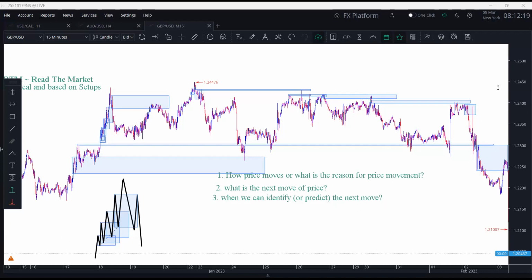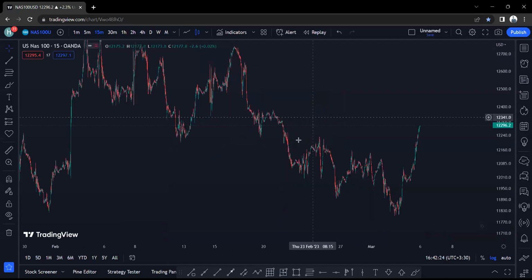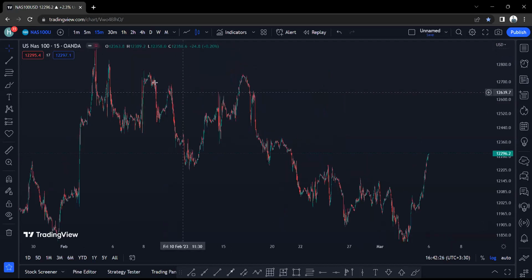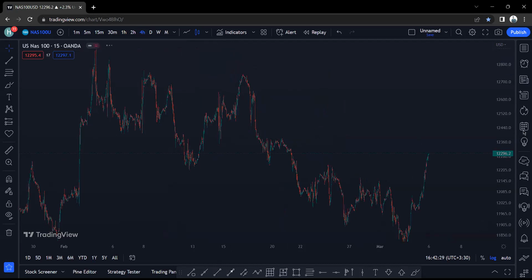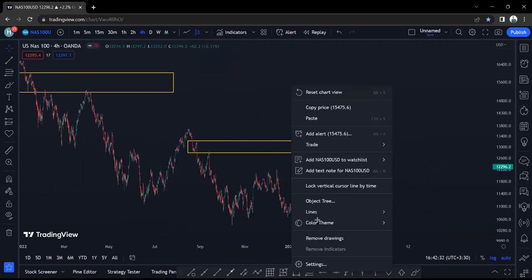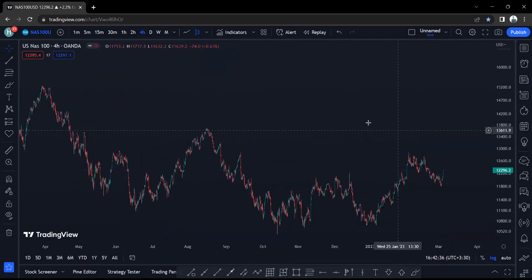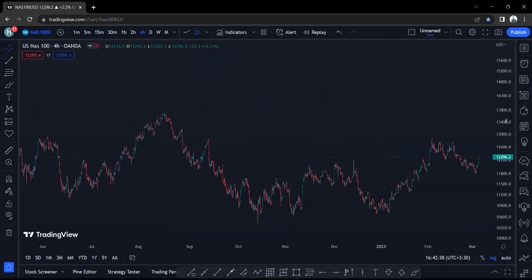Which time frame do you want? We can start from the H4 time frame. Let me remove the drawings. Is it okay? Yeah, perfect. Okay, here we are. Just give me a few seconds.